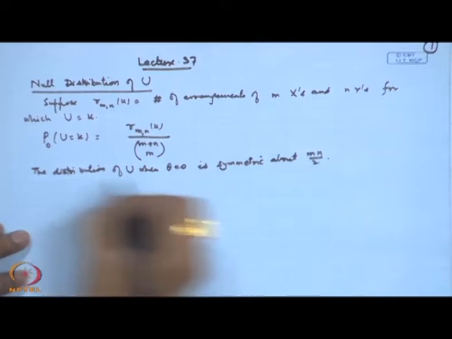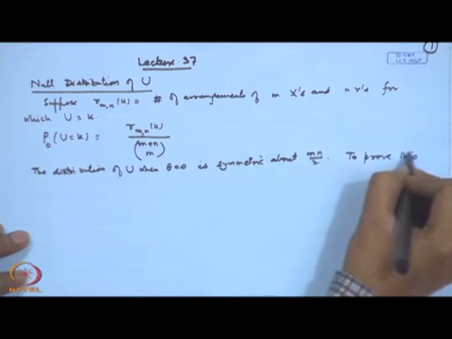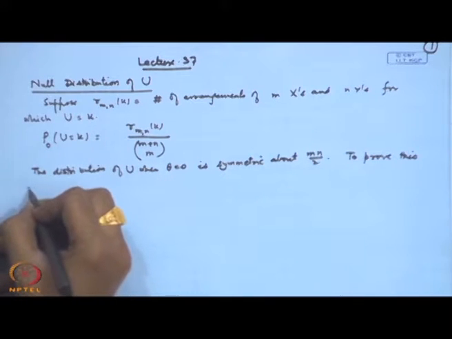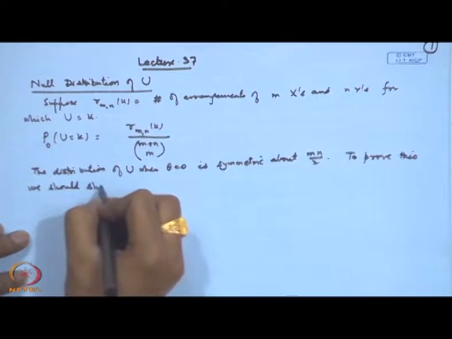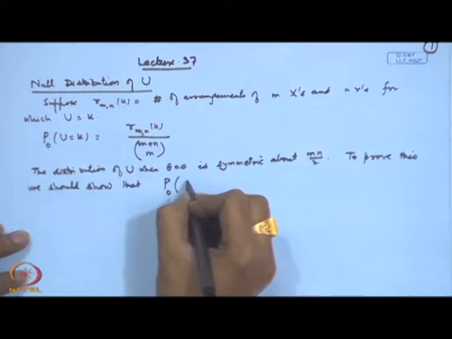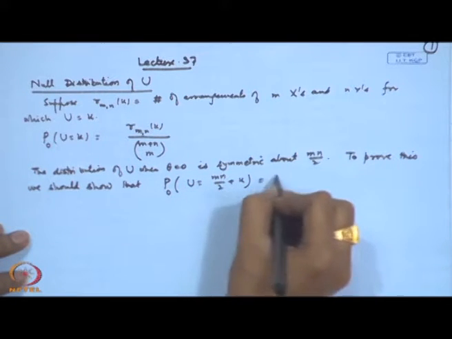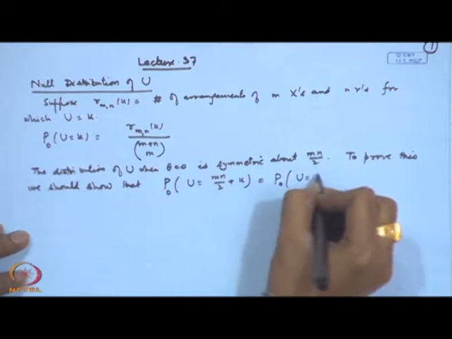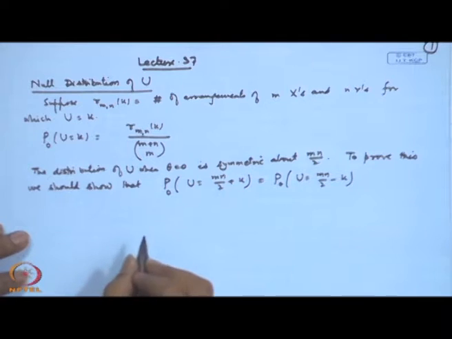To prove this, we should show that P naught (U is equal to m n by 2 plus u) is equal to P naught (U is equal to m n by 2 minus u). For all u, it should be true.